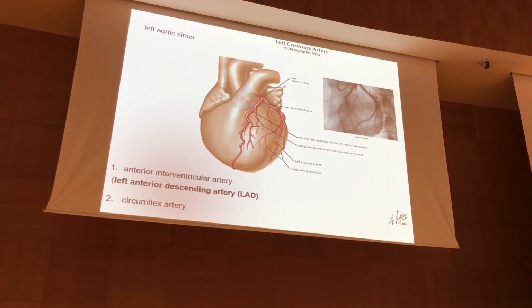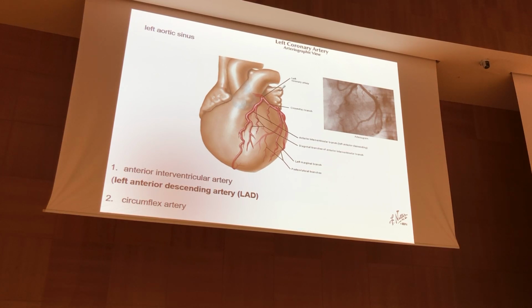One is going to descend in the anterior interventricular sulcus, and we're going to call that the anterior interventricular artery, or the left anterior descending artery. So this one here is the LAD, L-A-D, left anterior descending, or the left interventricular artery.